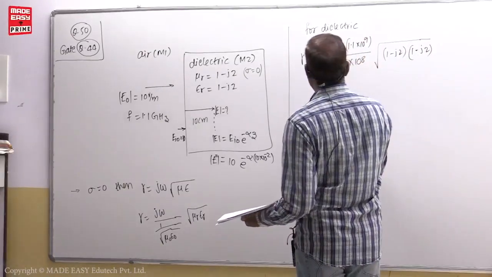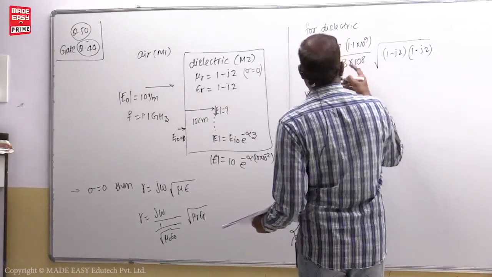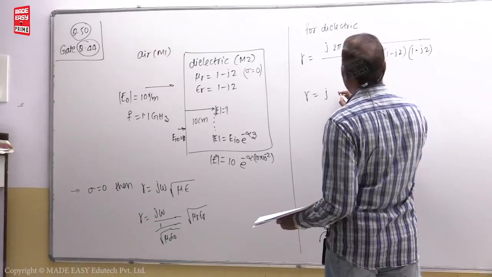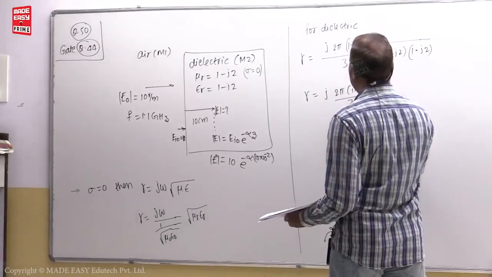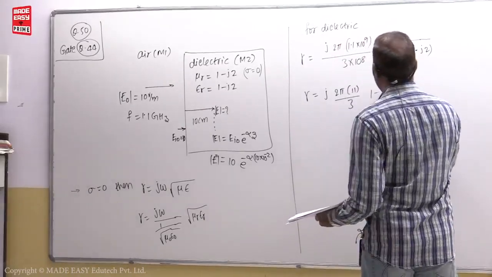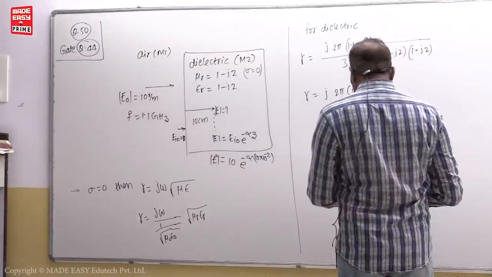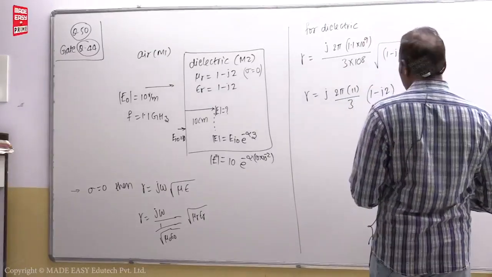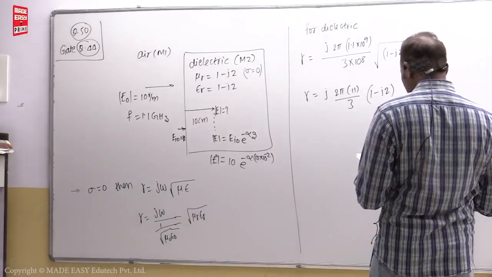So this value becomes j into 2 pi into 11, divided by 3, 10 power 8 and 10 power 8 cancel, times 1 minus j2. So ultimately this value becomes j2 pi 11 by 3 into 1 minus j2.